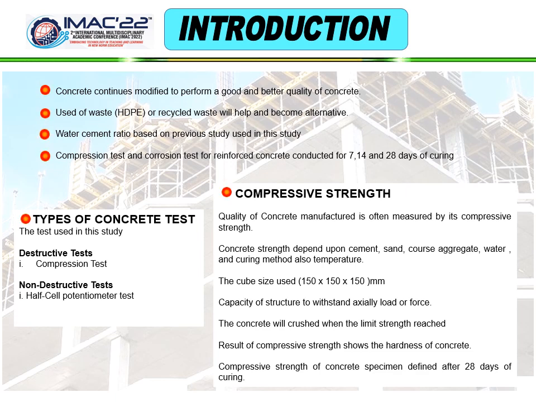The cube size used is 150 times 150 times 150 millimeter. The results of compressive strength show the hardness of the concrete. Compressive strength of concrete specimens is defined after 28 days of curing.